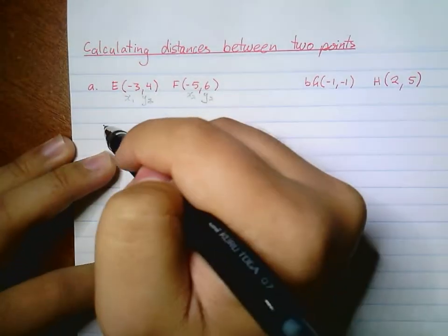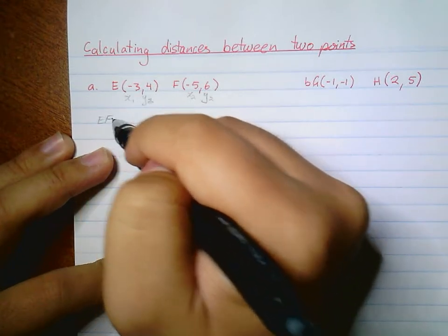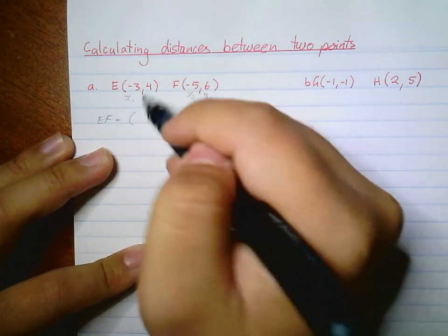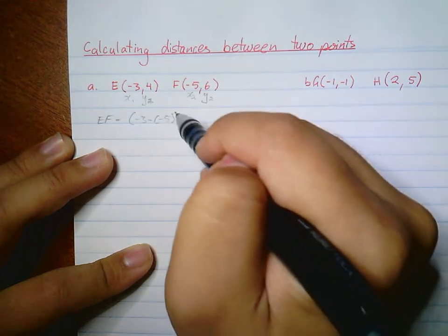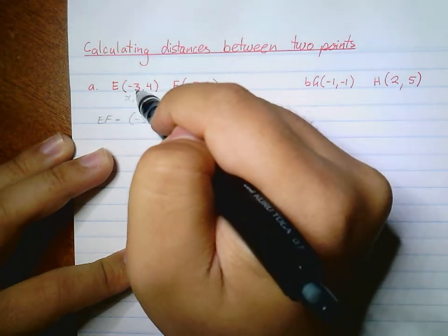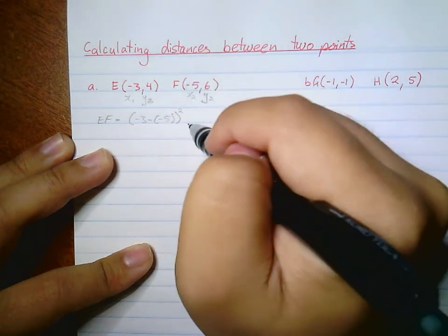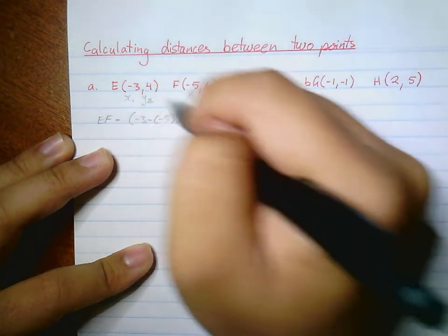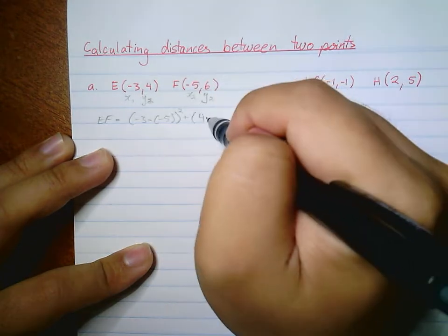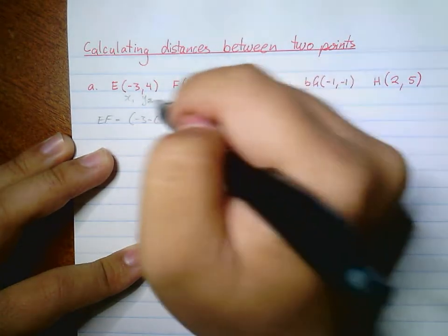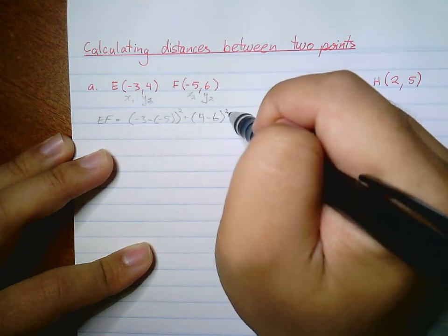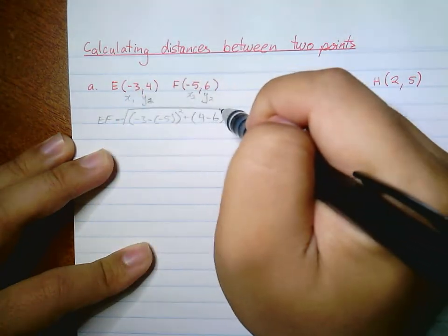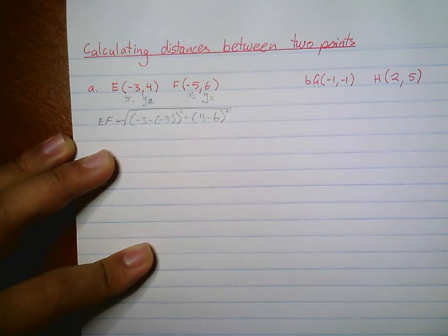Let's calculate the distance of EF. -3 minus -5 squared plus 4 minus 6 squared, all square root.